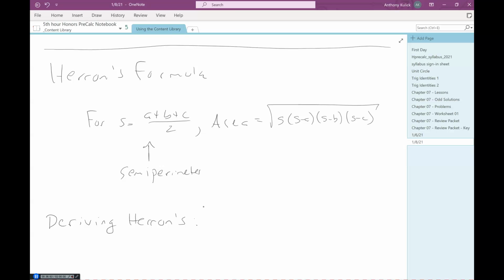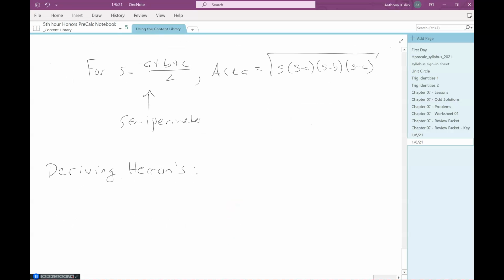So the way we're going to start Heron's formula is I'm going to use my previous area formula. Everybody's okay with that? So that's just the previous area formula.